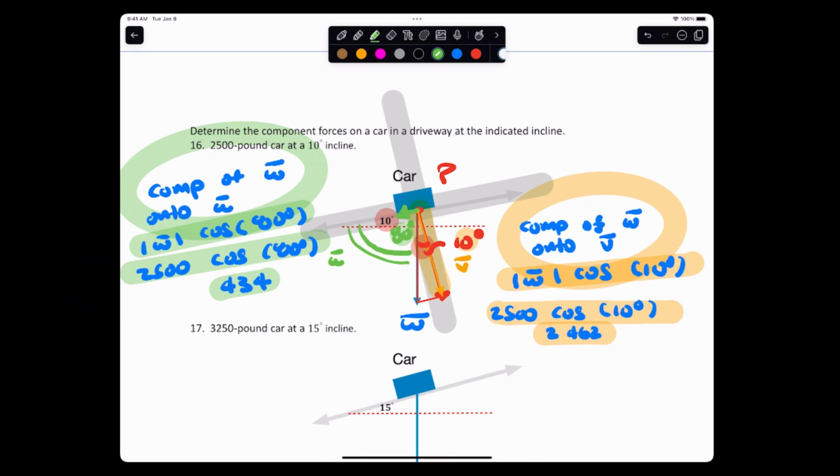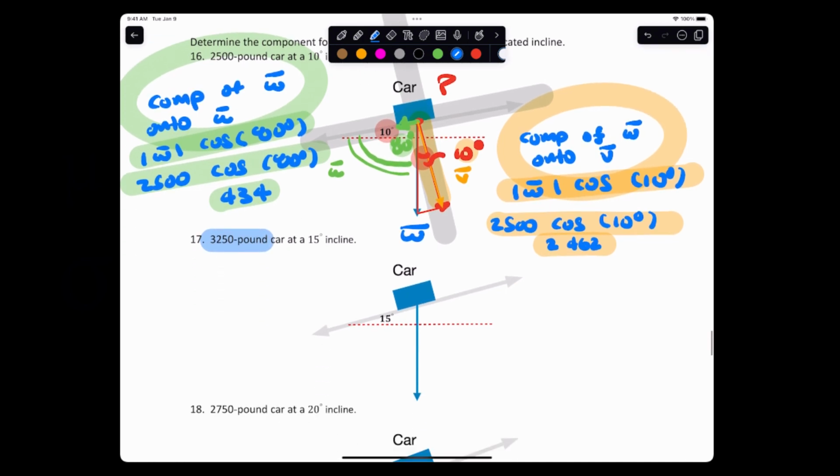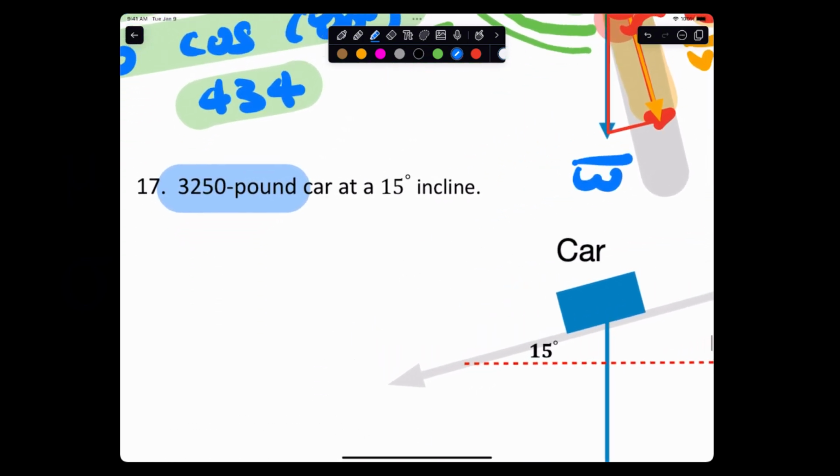And you go, okay, what's the difference now? Now you have a what? A 3,250 pound car that's at a 15-degree incline.